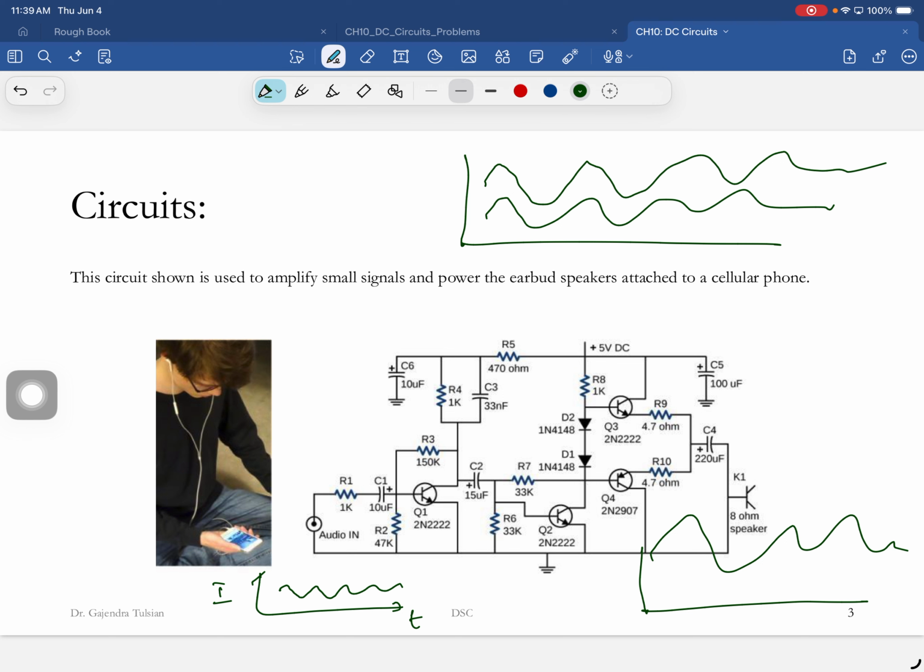So what is the word? Fidelity. So you want an amplifier to maintain fidelity. So what we are learning is how to solve circuits, and solving a circuit just means finding the current through every element.